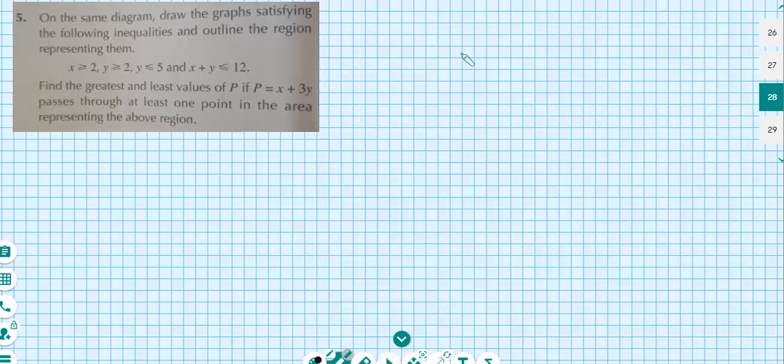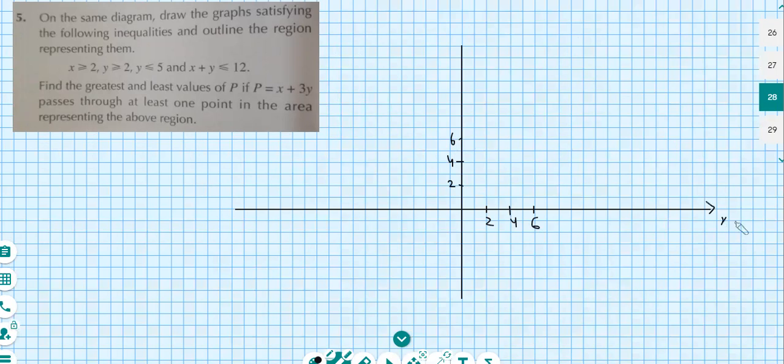So suppose we have a plane. 2, 4, 6. Similarly, 2, 4, 6 on the y-axis.